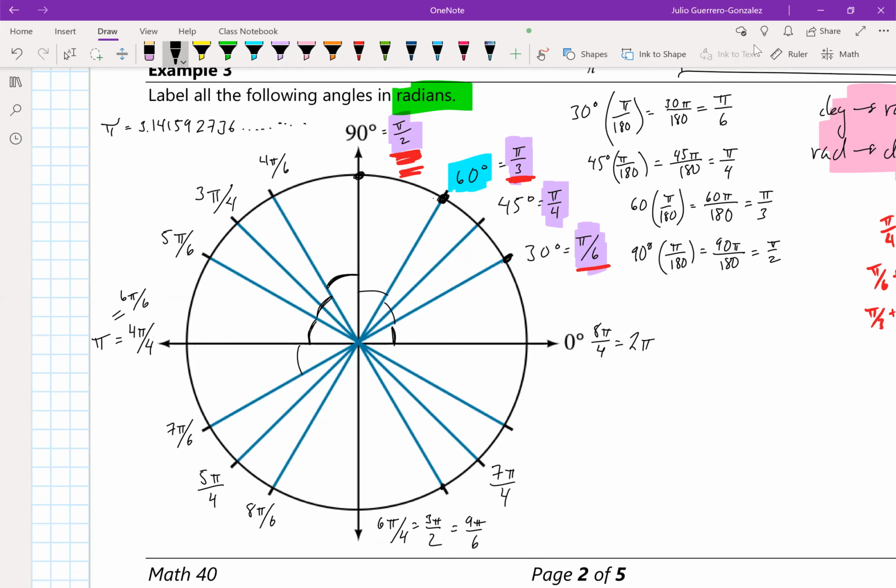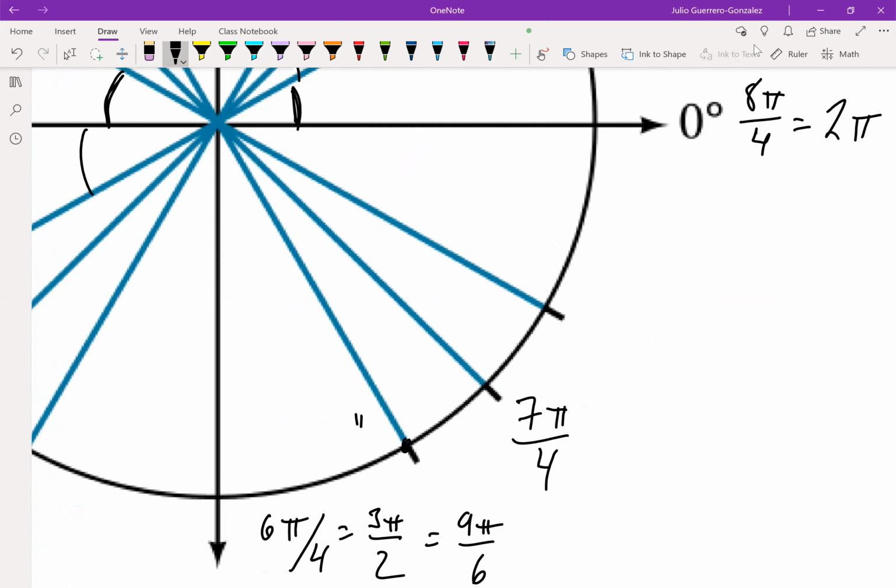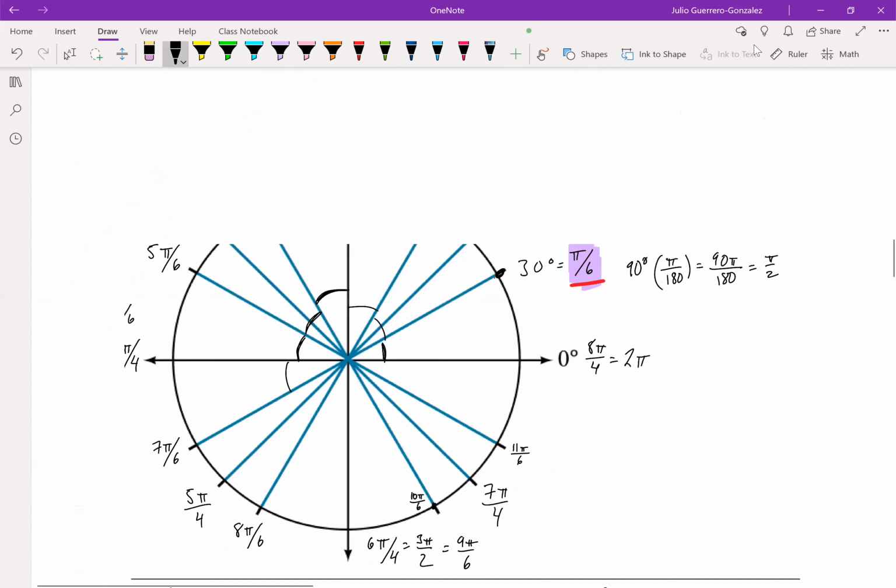The one right here, I know this is going to be a little tight, but I'll put it in here. That's 10 pi over 6. 11 pi over 6, and then finally 12 pi over 6 brings us right back to 2 pi.